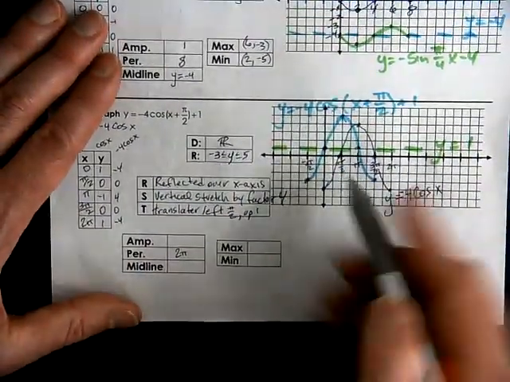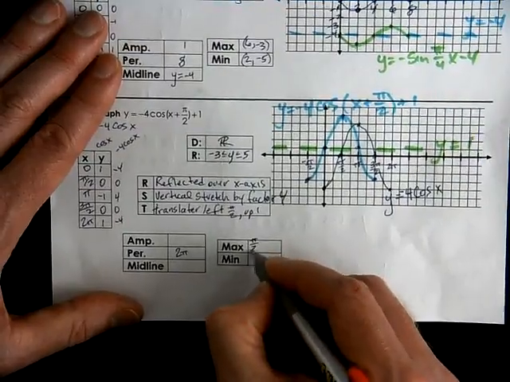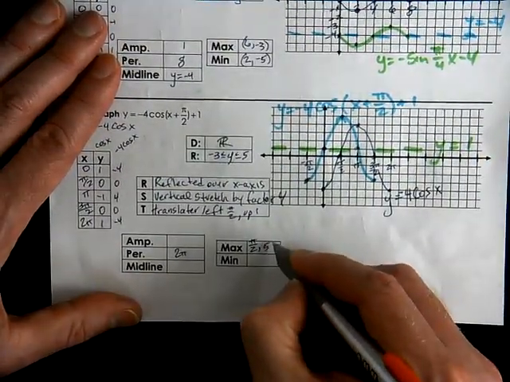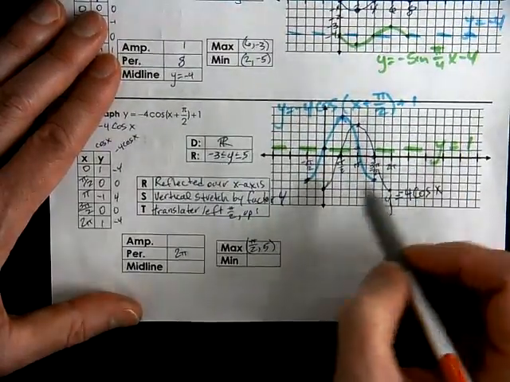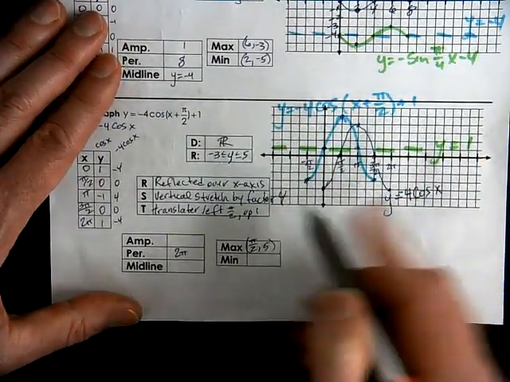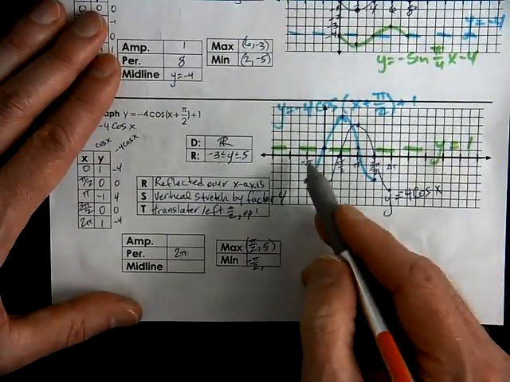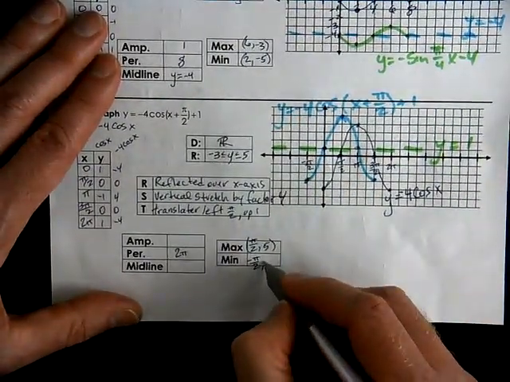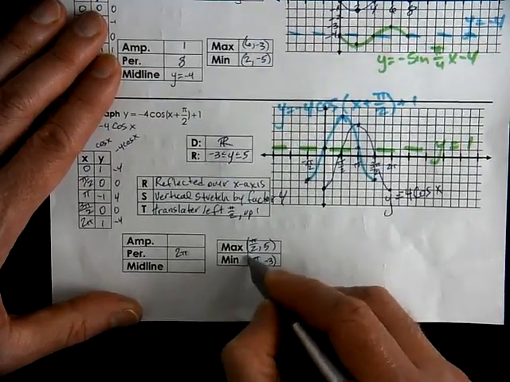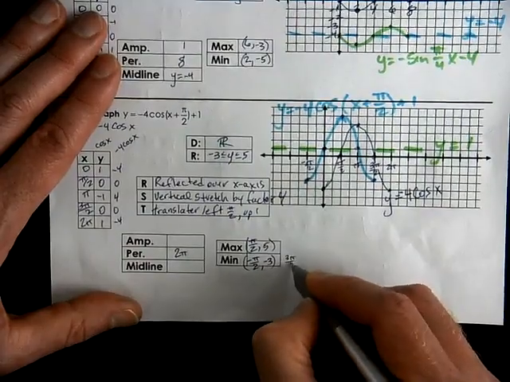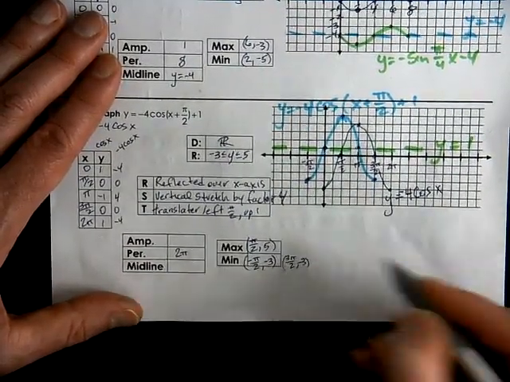We have a maximum point at pi over 2 comma, we called that 5, and we had a minimum point at negative pi over 2 comma negative 3. You could also have said that it was 3 pi over 2, negative 3.